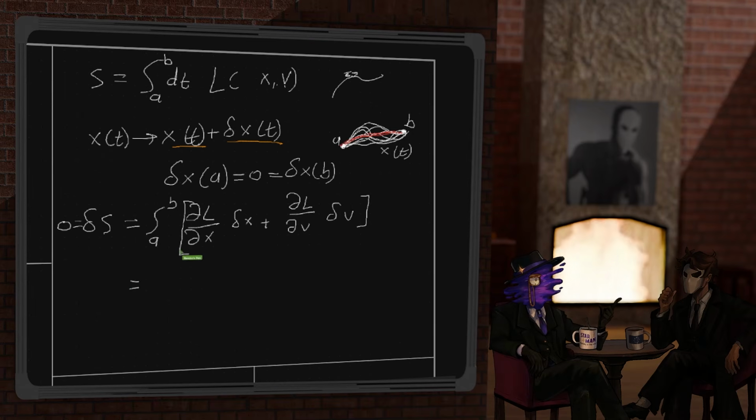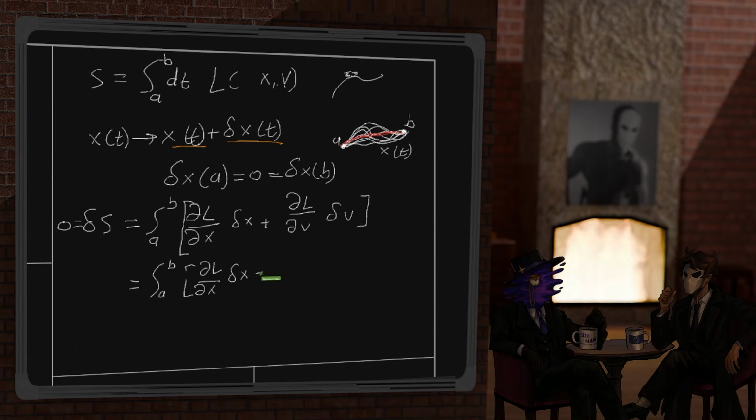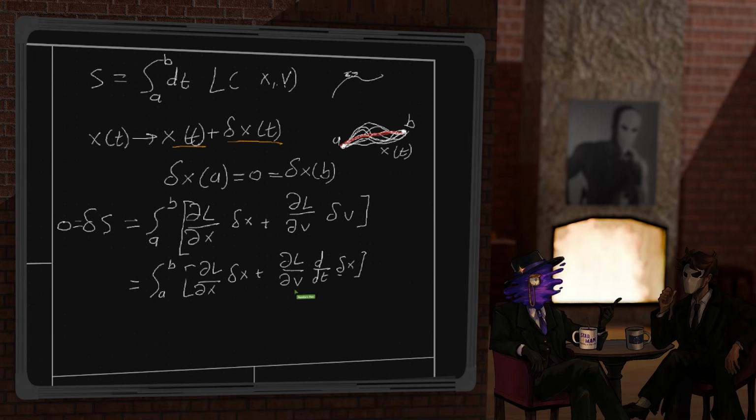So what we can now do is rewrite this a bit, where the variation of the velocity, we can just write as the time derivative of the variation of x. We are assuming that variation commutes with the time derivative. This is a fair assumption.